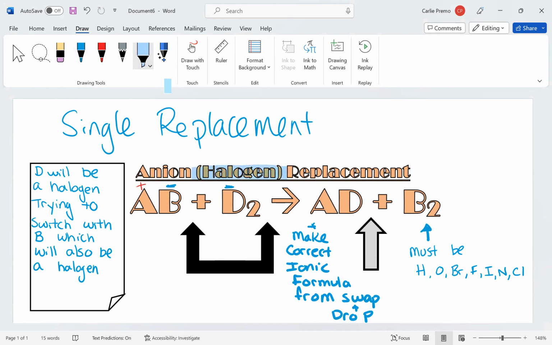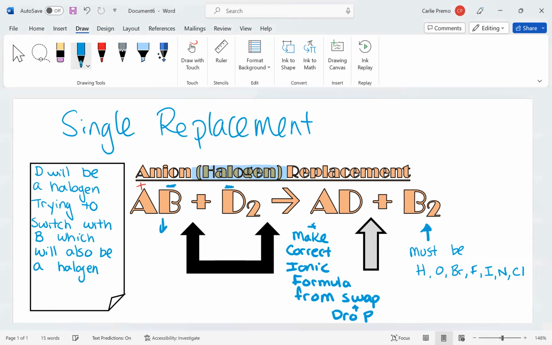So halogens are, if you recall, group 7 or 17, which is fluorine, chlorine, bromine, iodine, and astatine. As we're looking at that, we're only going to be replacing one of those with another one of those. That's the only type of replacement I'm going to be doing for anion replacement.